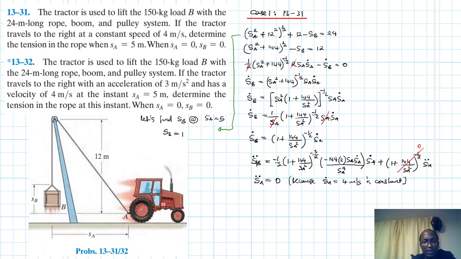So once we have SB, then let's find SB double dot, using this equation. So we have everything. Our SB double dot, which is just equal to AB, is just equal to, let's work it out.